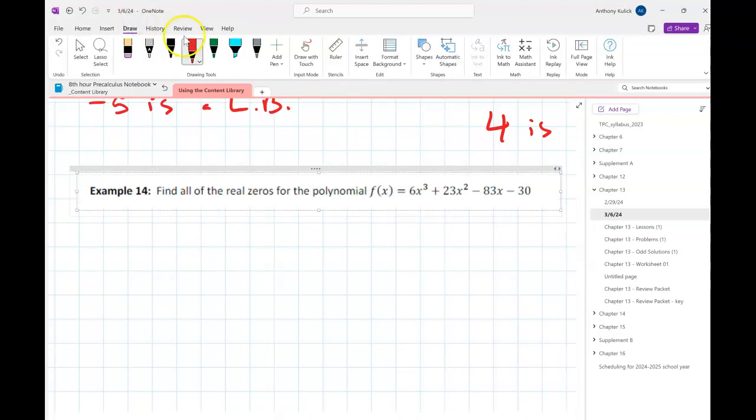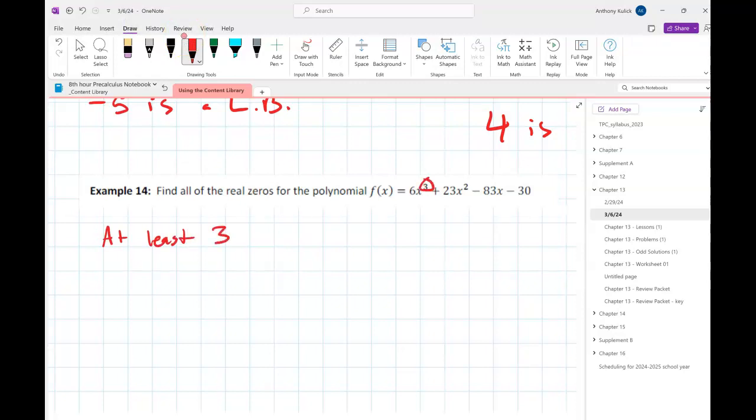I know from our previous lesson that because the degree of this polynomial is 3, I have at most 3 zeros. Could be less, but at the most it could be is 3.